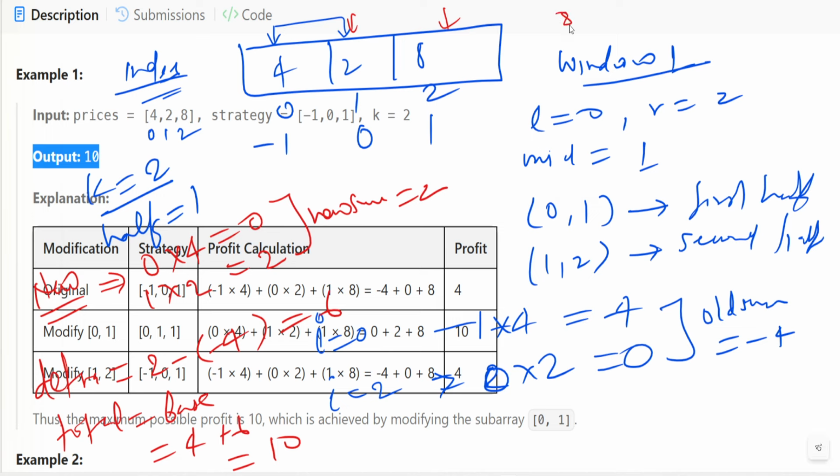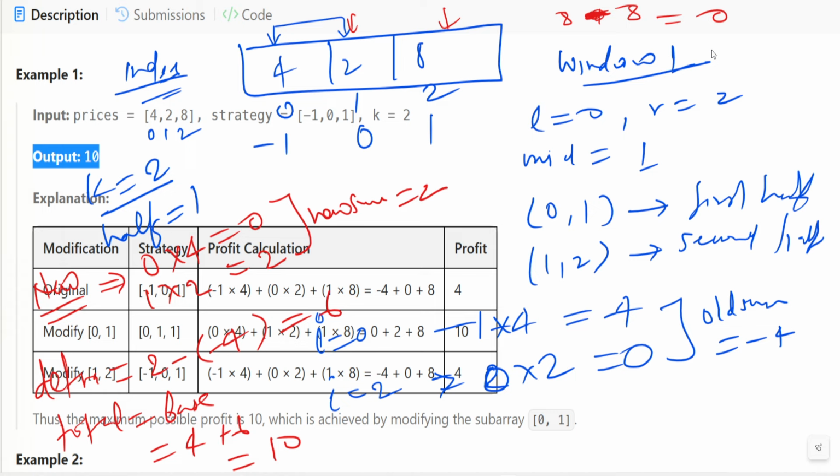It's the old sum. Then we'll multiply 0 into 2 and 1 into 8 for the new sum, means first half and second half. We'll get 8 here. So for the new sum we do the minus, and the total delta is coming 0 if you find the difference, right? Means total is 4.